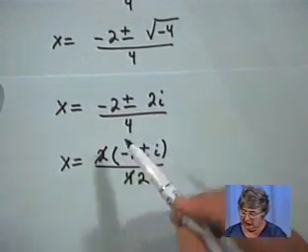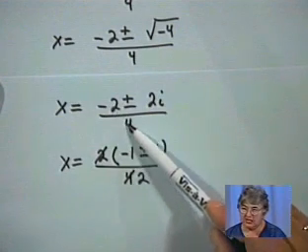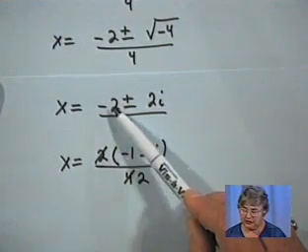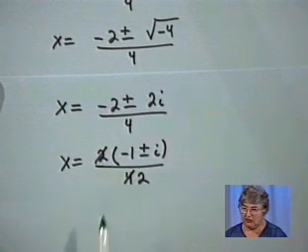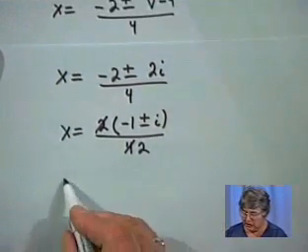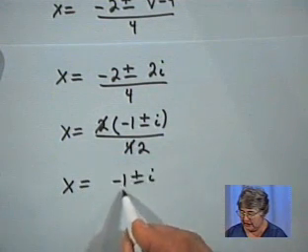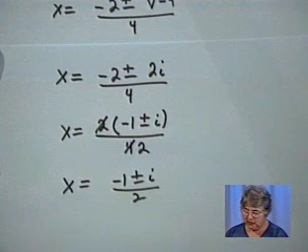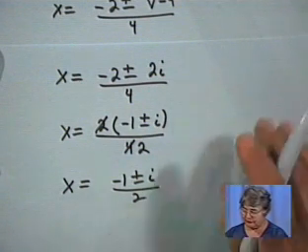Be really careful about trying to cancel this 2 with this 4 in the step above, because this 2 is not a factor. You have to factor it out, then it becomes a factor, and then you can cancel it down below. So the solutions then are minus 1 plus or minus i, divided by 2. Once again, 2 solutions. We do have an i solution, but it's perfectly fine.